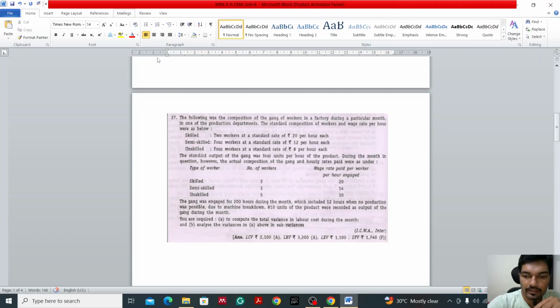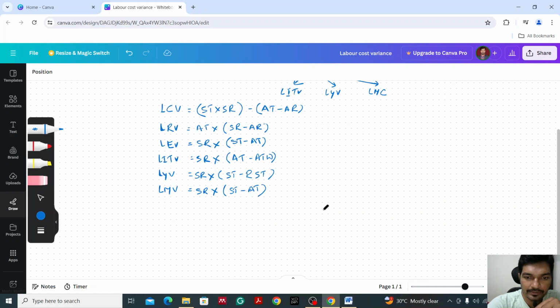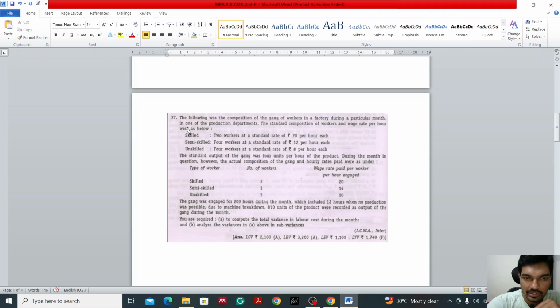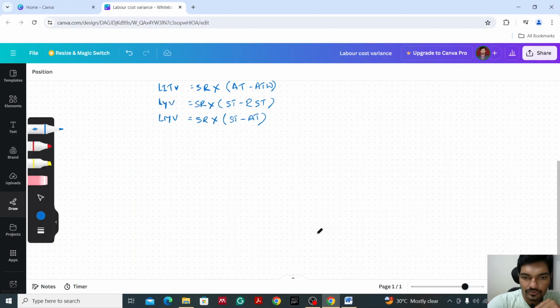So for this sum, first of all we need to design a solution. We need to convert this problem into a structured form.